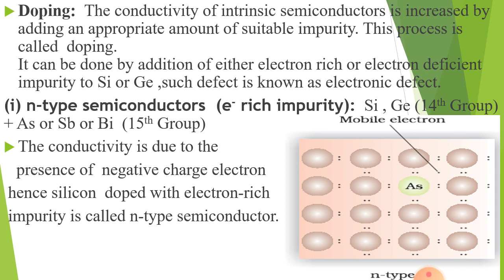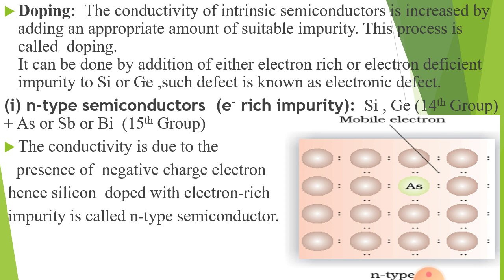So now first of all we have to know about doping. The conductivity of intrinsic semiconductor, that is pure semiconductor, is increased by adding an appropriate amount of suitable impurity. This process is called doping. This is also a type of electronic imperfection.